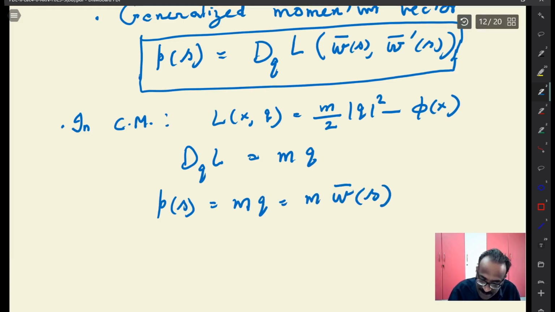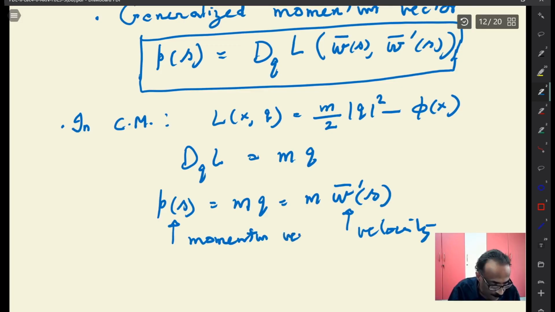So you see that this is mass times velocity, since q is equal to W prime. So this is velocity, and hence this is the momentum vector in classical mechanics. So what we have introduced is a momentum vector.